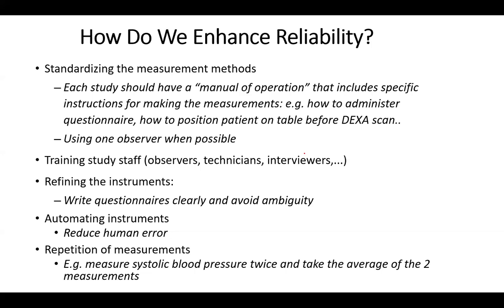If you have ambiguous questions, the answer would not be correct, and that's why when you go back to the same person, if the question was not clear from the beginning, the answer would depend on the person's perception at that time.